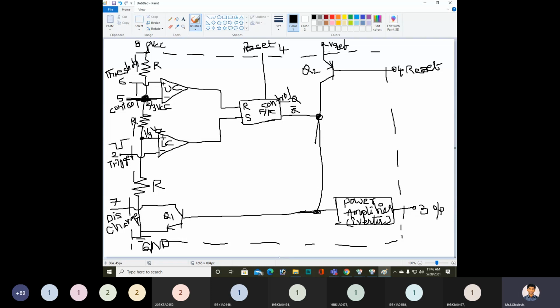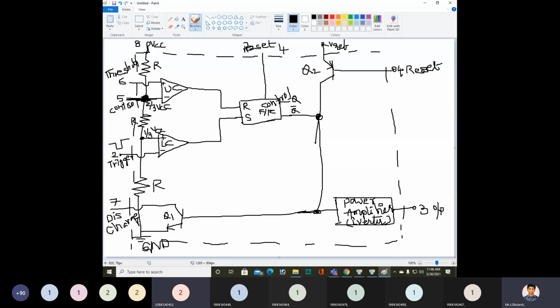So we are not connecting V reference to any pin of the IC555 timer. One emitter terminal is connected to ground, and this emitter terminal is getting the connection from the V reference. Is it clear, Nana?